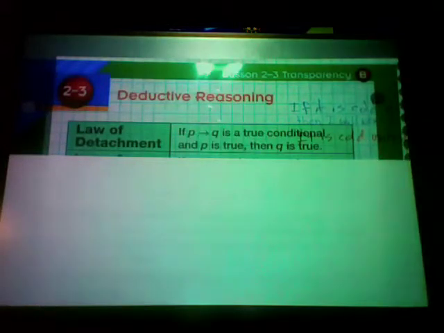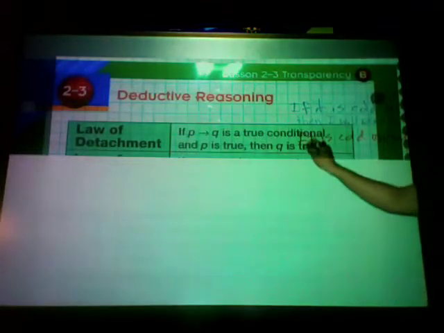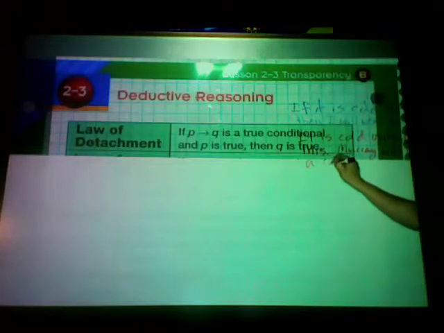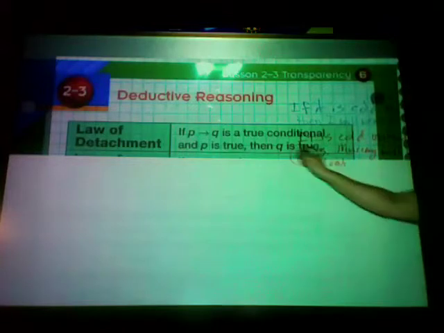What can you conclude? Who's you? Mrs. Murray, here's your conclusion. Mrs. Murray will wear a coat. This is what you will end up concluding by the law of detachment. This is what you have to come up with. This is all given to you.